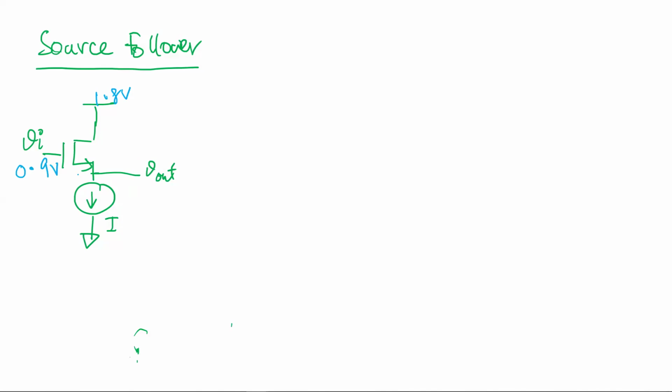Okay. Now just forget the source to bulk part of it, and the VT is for our technology we found out what. So let's take that same one we had yesterday, 4 by 1 micron, and let's say this was 50 microamp current. Okay. So then what will be V out?